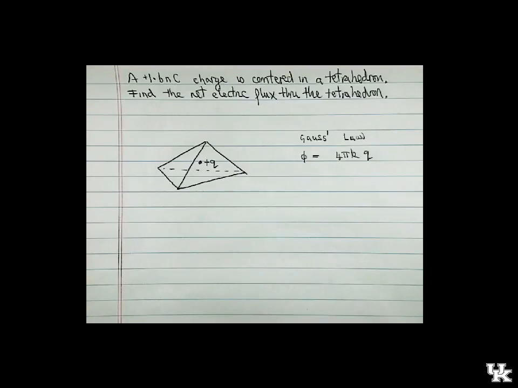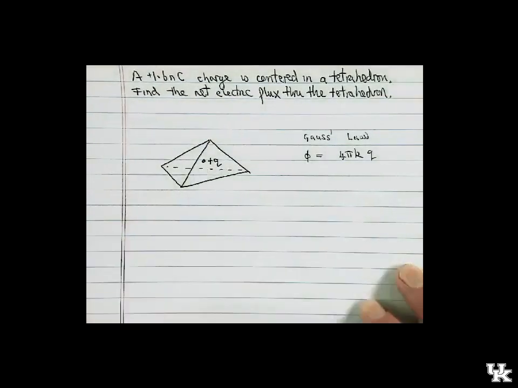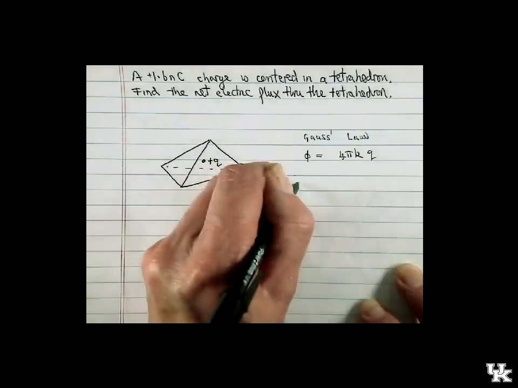The combination of those 4 triangular faces make a closed surface. There is a definite inside and outside. You can't get inside if you're outside without walking through a wall and vice versa. So we know the charge inside. It's 1.6 nanocoulombs.